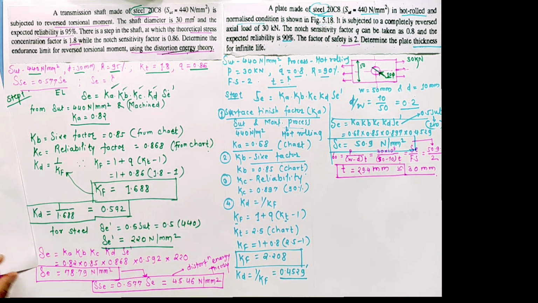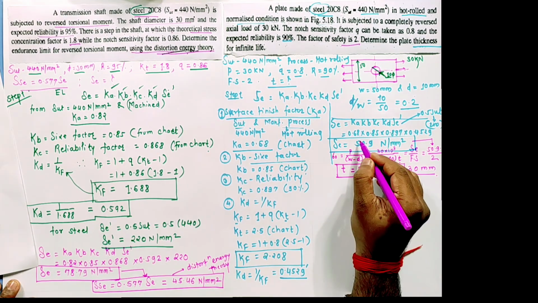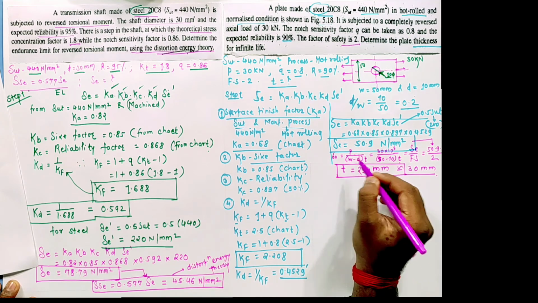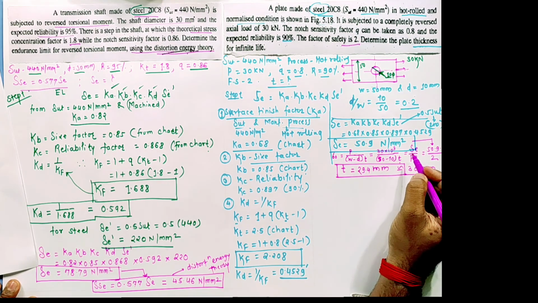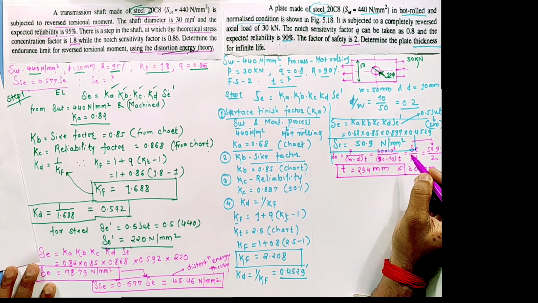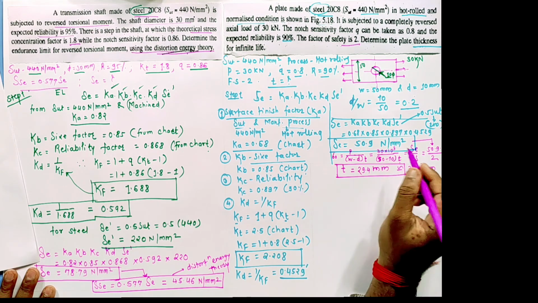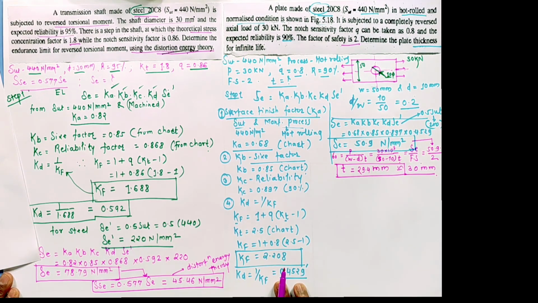The process is important. We have calculated Ka, Kb, Kc, Kd, and after that we have taken the nominal stress value and equated it with respect to the endurance limit, because on the basis of endurance strength we move forward. So Se by factor of safety, the unknown is t, through which we get the thickness of the plate. Thank you.